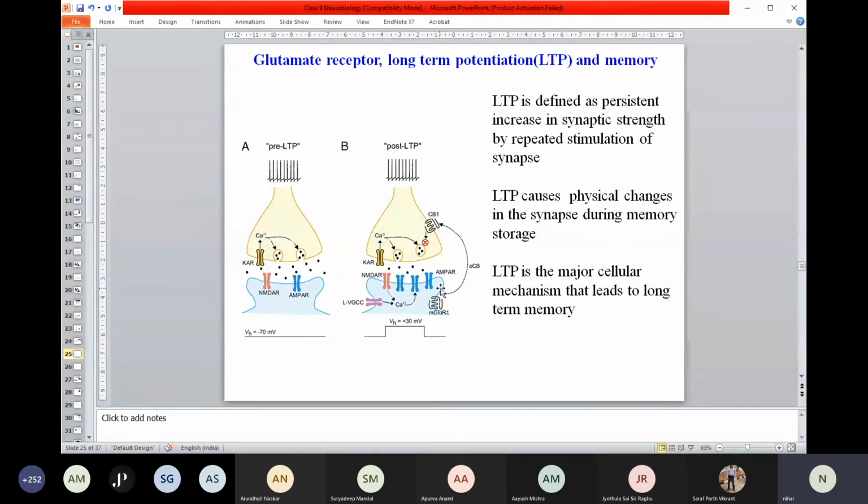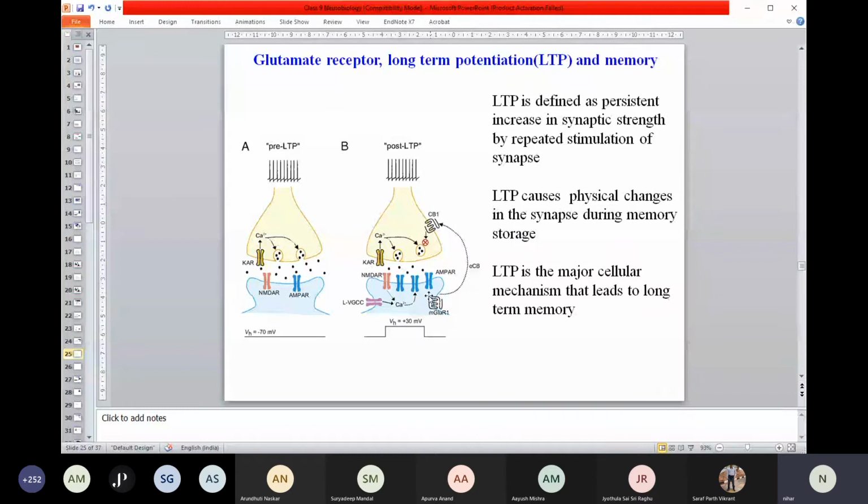Okay, that's called the post-LTP, and this is actually what happens. The terminology is LTP, long-term potentiation. Because of the continuous activity of these two neurons, there is a generation of long-term potentiation in the postsynaptic neuron. This long-term potentiation, again, you can think about as EPSP.